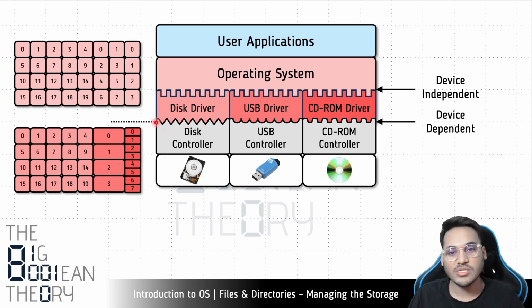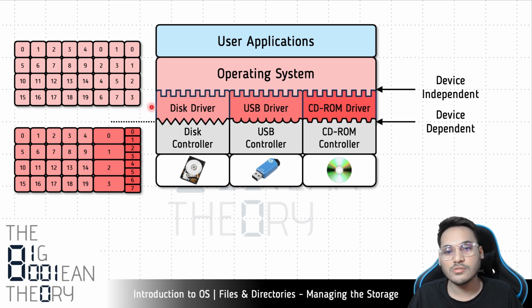The device driver bridges the gap between these device specific interfaces and this uniform device neutral interface. Just like for every device we had a piece of hardware like the device controller, in the same manner we have a piece of software, the device driver, associated with each of the devices. Its responsibility is to bridge the gap between the individual device specific interfaces and this uniform interface.